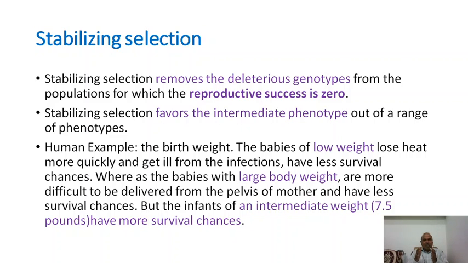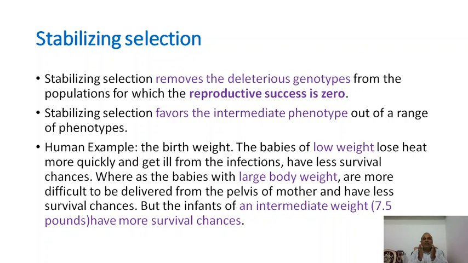And when a baby develops inside the womb with a large body and more weight, it is a problem during delivery because the baby cannot come out through the pelvis of the mother, so there is a higher mortality rate. So which infants are surviving?